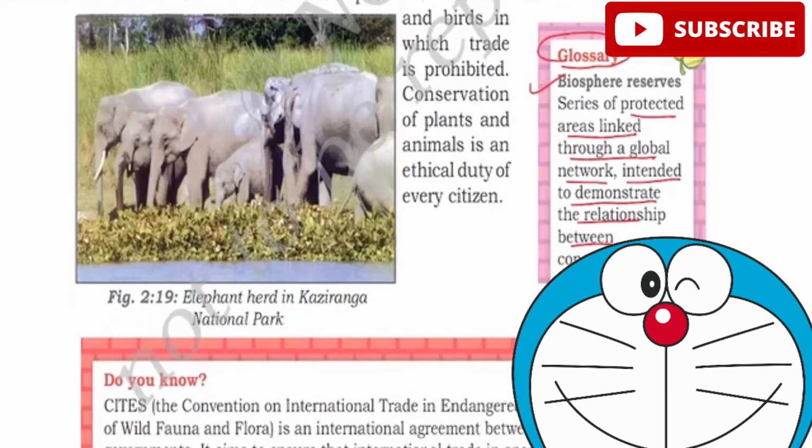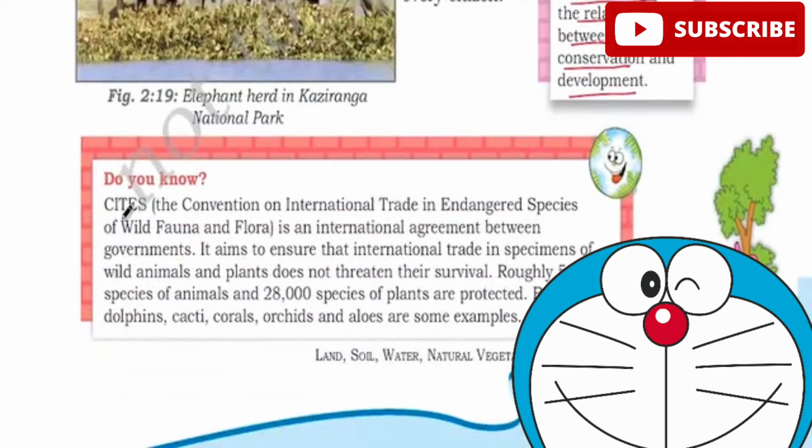And then the most important thing that may be asked is with respect to CITES. It is an international agreement between governments. They may give that CITES is a treaty signed in the United Nations. No, it is an international agreement between governments, and its aim is to ensure that international trade in certain species like wild animals and plants, tiger, some medicinal plants and all, does not threaten their survival, because with rhinoceros, tiger and other things, whenever you go for trade in these things, that endangers those species.